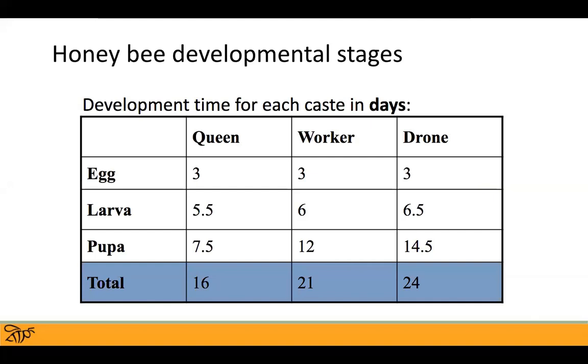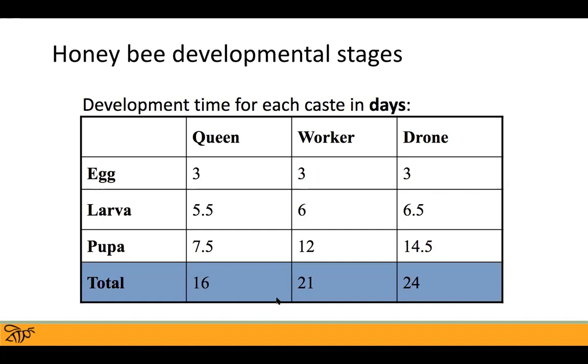All right, so you may have heard that Varroa mites prefer drone brood, and that is absolutely correct. A lot of people will sometimes tell you that that is because drone cells are bigger, so the Varroa mites have more space. It's not actually about the amount of space, it's about the amount of time that drones take to develop.